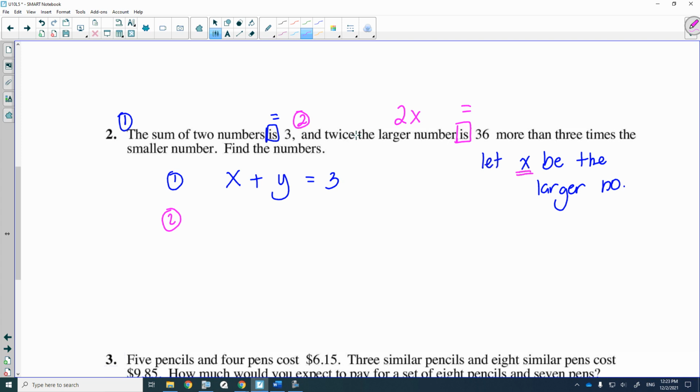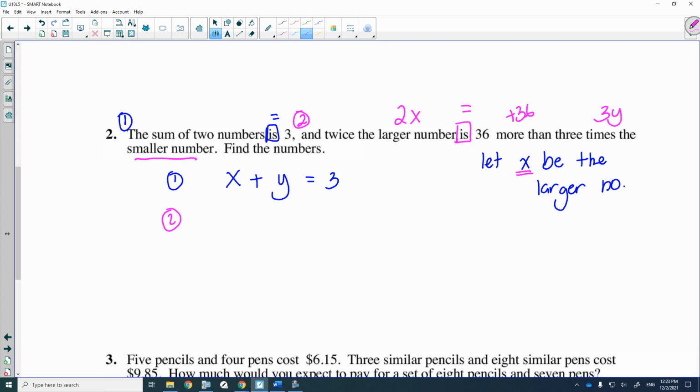The larger number is x, twice the larger number is 2x. So 2x is equal to, how would you do this? 36 more, that's plus 36. 36 more than what? 3 times the smaller. The smaller is y. 3 times the smaller would be 3y, right?